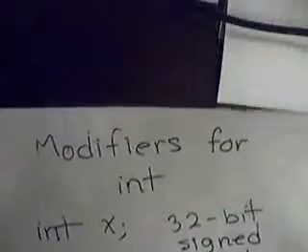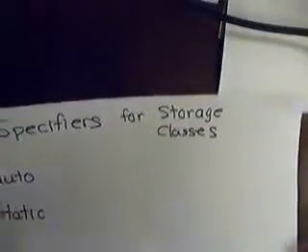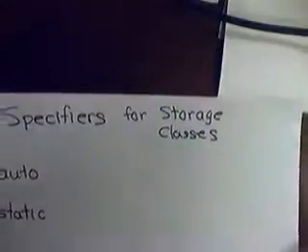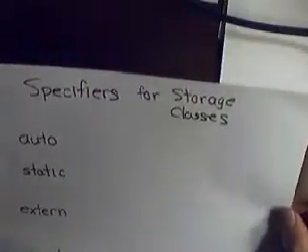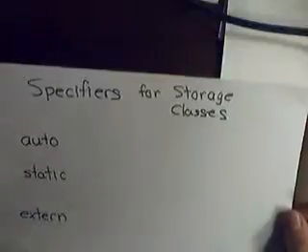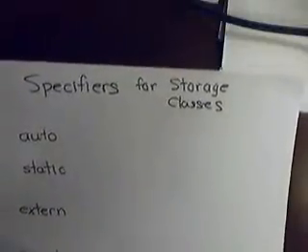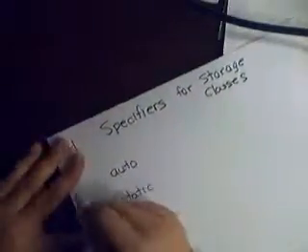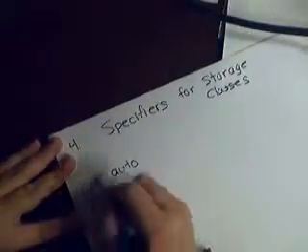Now, for data objects, we said we had modifiers. We also have something called specifiers for storage classes, or storage class specifiers. These specify different ways in which we want to store our variables. Remember, when we talk about storage, we talk about memory locations.